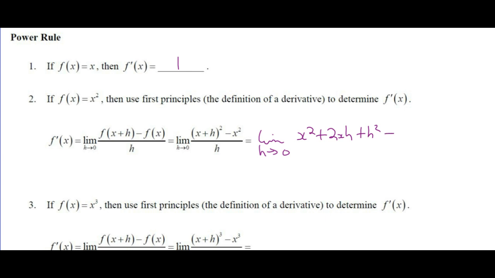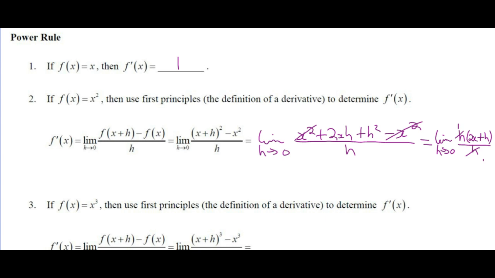Minus x squared, that's the f of x, over h. So what do we do? Well, the x squared and the negative x squared add up to 0. You can factor an h out. Limit as h approaches 0 of h times 2x plus h over h.